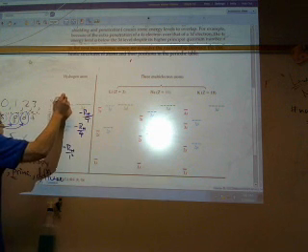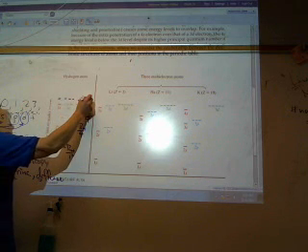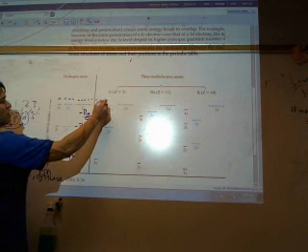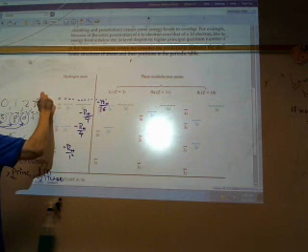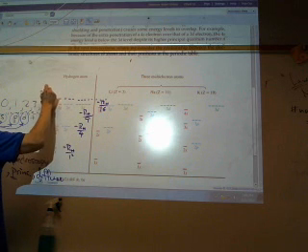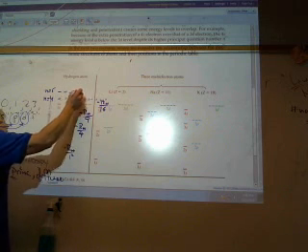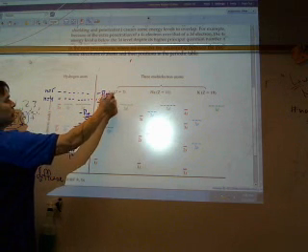The 4, and how many orbitals in the 4? 16, so I've got to go on more. But those are going to have an energy of minus R sub h over 16. And this is n equals 4. And then we go to n equals 5. N equals 5 is going to have how many orbitals? 25. And the energy is going to be minus R sub h over 25.